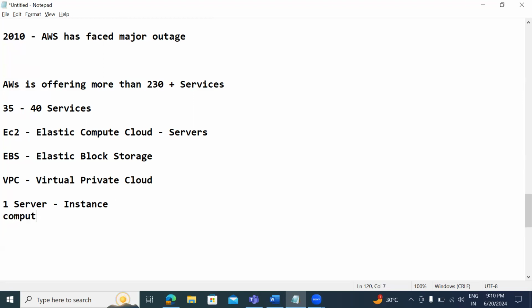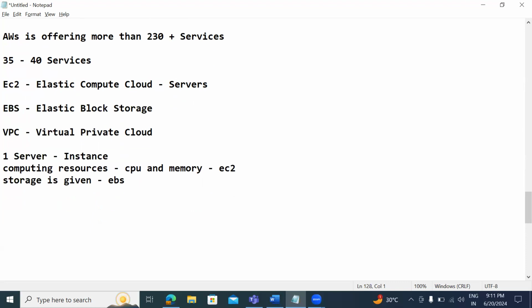Computing resources, meaning CPU and memory, are given by EC2. Storage is given by EBS. Networking is given by VPC. That means we are getting an instance or server, but in the backend three services are used: EC2, EBS, and VPC.